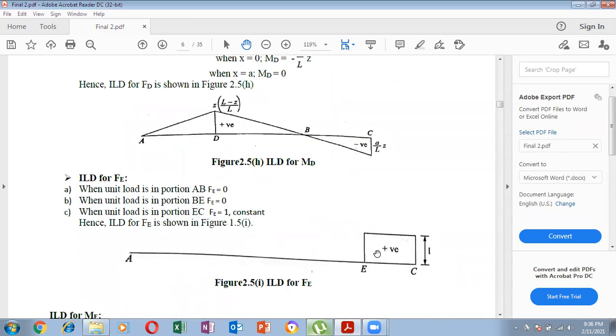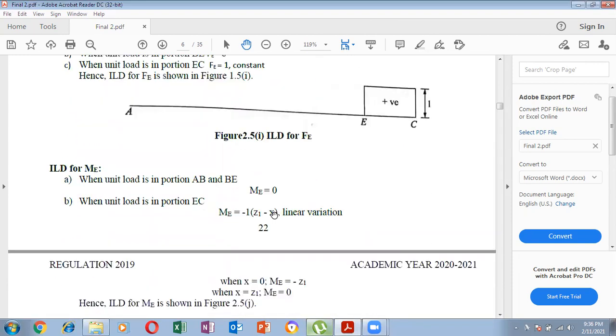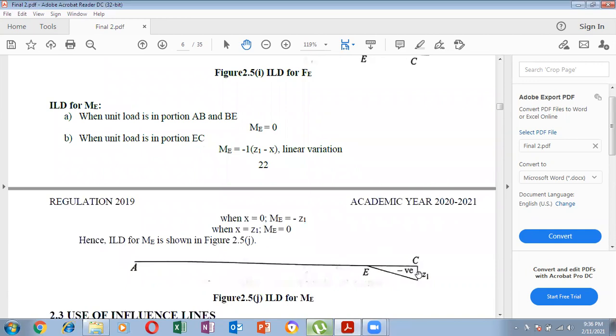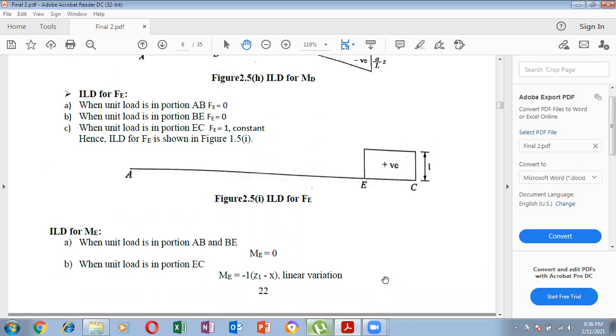We have already seen it in the previous video. For shear force, it will be a rectangle of intensity 1. For bending moment, it will be the same as that of the cantilever beam. It is nothing but Z1. So when the load is in the overhanging portion, the overhanging beam will behave like a cantilever, and the corresponding influence line diagrams will be like this.